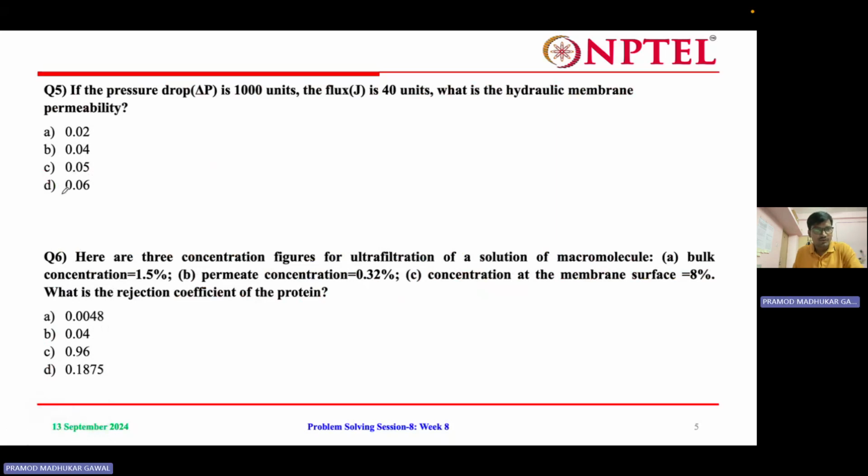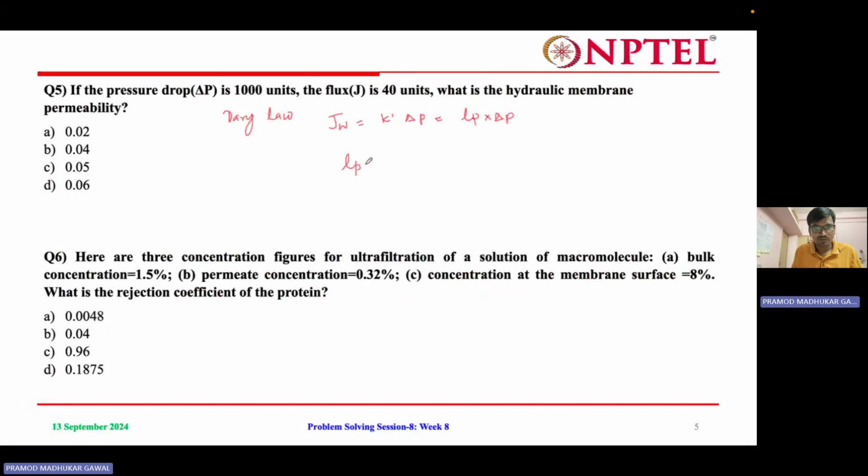Now moving to question number 5: if the pressure drop delta P is 1000 units and the flux J is 40 units, what is the hydraulic membrane permeability? To calculate this, based on Darcy's law, JW, which is the flux, equals LP into delta P, where LP is the permeability.